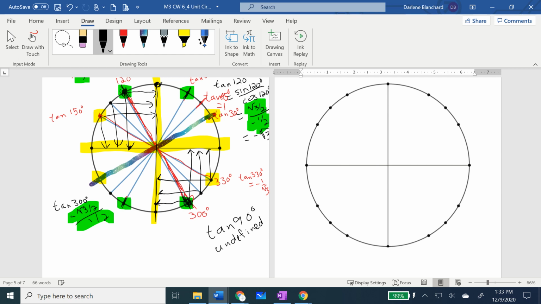If I look at it as sine over cosine, that's a place where cosine is 0. Dividing by 0 means bad things. At 270, tangent is also undefined. At 0 and 180, tangent is equal to 0.